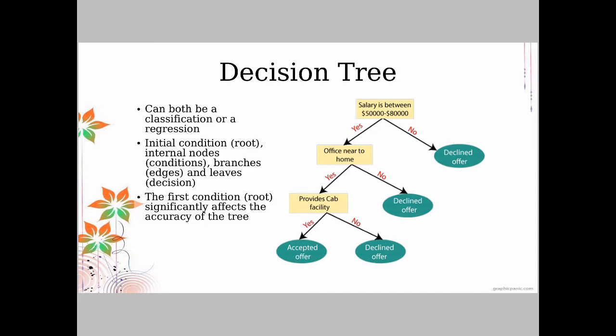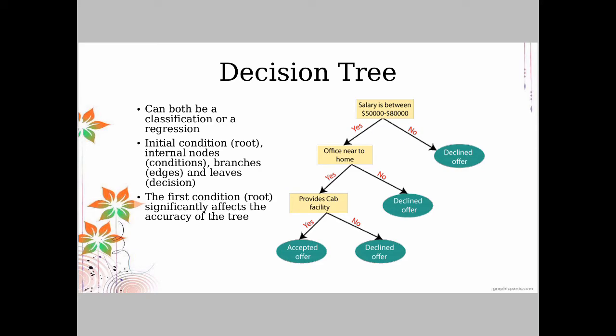So here is an example of a decision tree. This is a decision tree that can predict whether a work applicant will accept the offer or not. The first question is, is the salary enough? If yes, the next question is, is the office near your home?